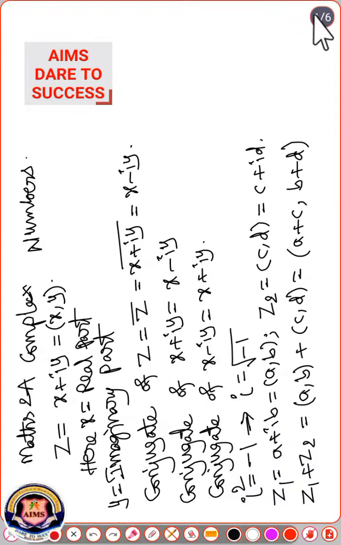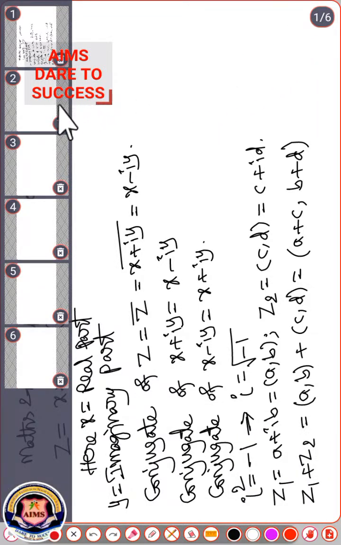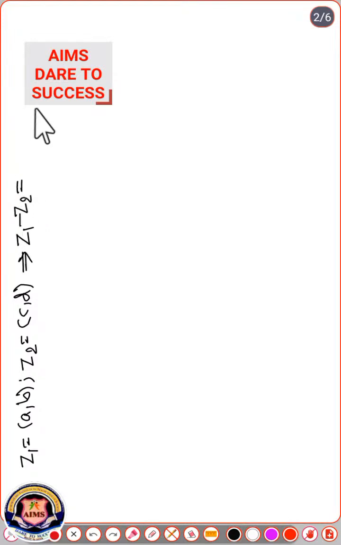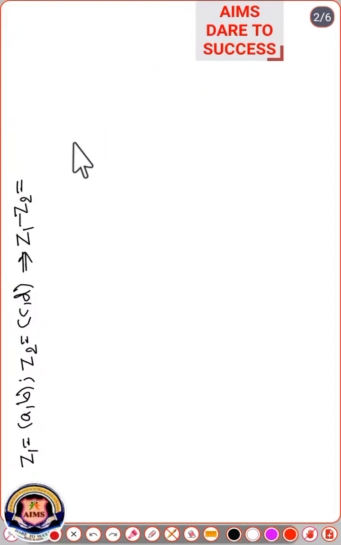Coming to the next, the same concept for subtraction. z1 is equal to a comma b and z2 is equal to c comma d. For z1 minus z2, real part to real part, a minus c, comma, imaginary part to imaginary part, b minus d. Addition completed, subtraction completed.